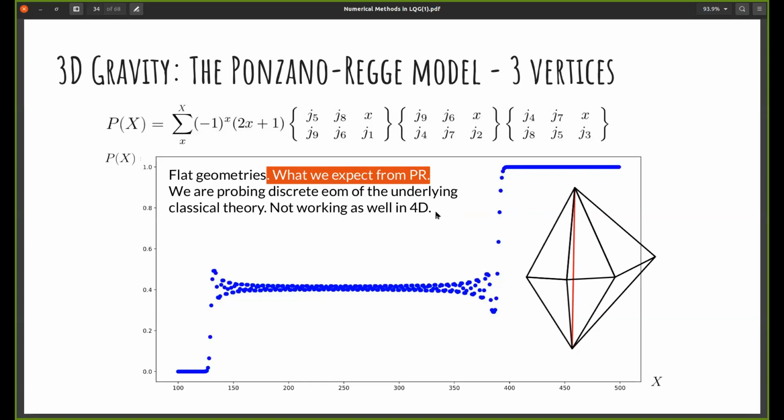On the other hand, for example, in 4 dimensions with the Engle-Pereira-Rovelli-Livine model, we would really like to get something that resembles solutions of Euclidean Lorentzian discrete gravity as the one dominating this path integral, but that's not the case. And we are going to discuss this later.